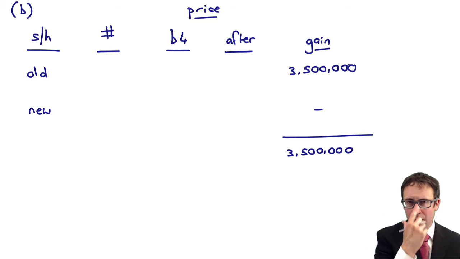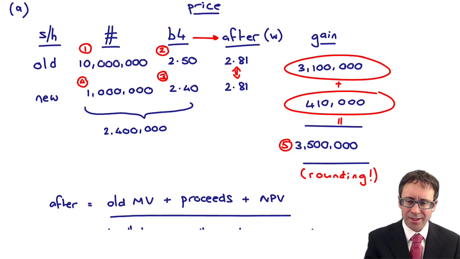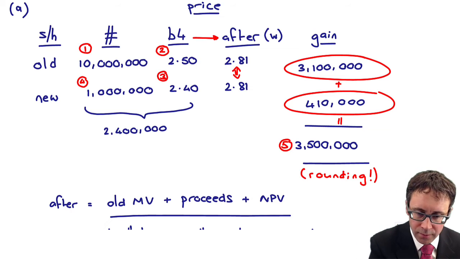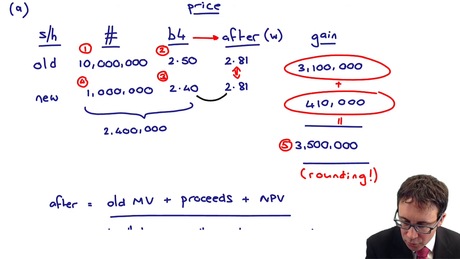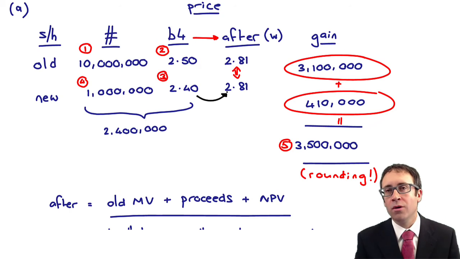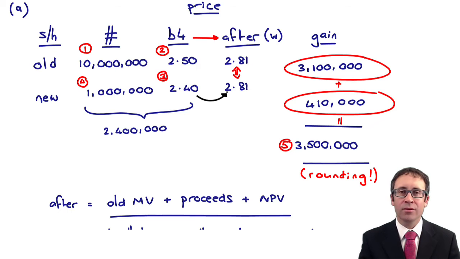Why do we want it to go to the old or existing shareholders? Well, in the last example, part A, look what happened. These new shareholders paid $2.40 and in an instant gained 41 cents per share and made a nice little quick gain. It's okay, isn't it?